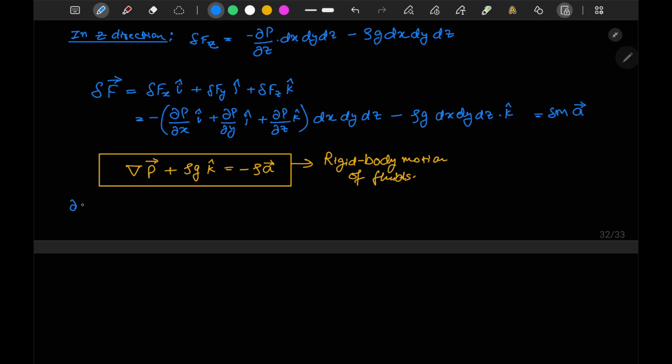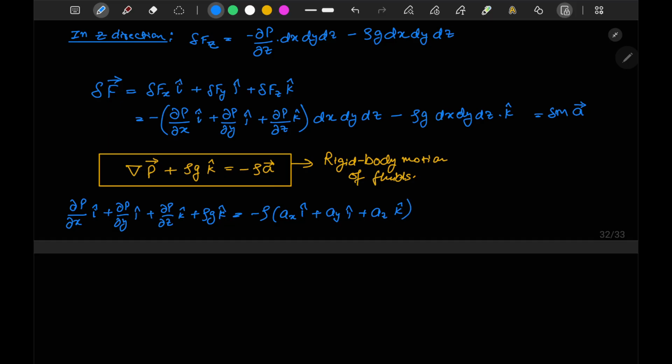So I can write del p by del x times i cap plus del p by del y times j cap plus del p by del z times k cap plus rho g times k cap is equal to minus rho times ax i cap plus ay j cap plus az k cap.